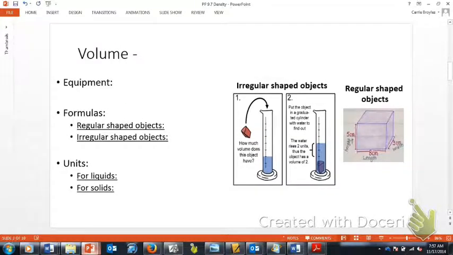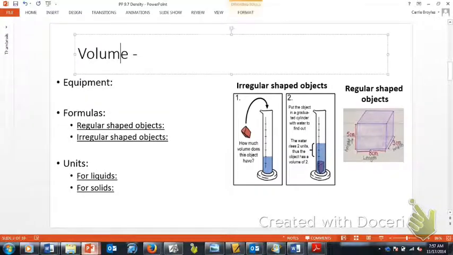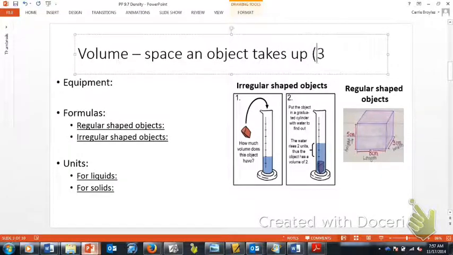Okay, the next component of density is how much volume an object has in it, liquids or solids. So when we talk about volume, we are looking at how much space an object takes up. So we're really talking about a 3D object here. And if you think about 3D objects, they're going to have dimensions: lengths, widths, and heights.